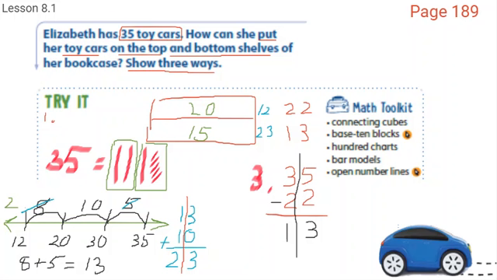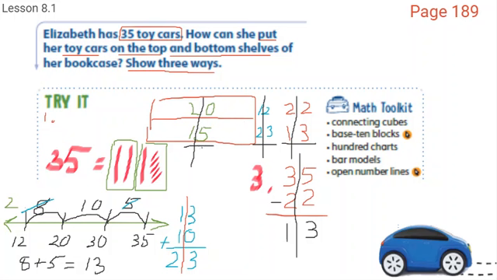But wait, we're not done. Let's validate. Let's verify everything. So there's that 12 and 30, 23, 22, and 13. Remember, the whole, because these are parts, the whole is 35.